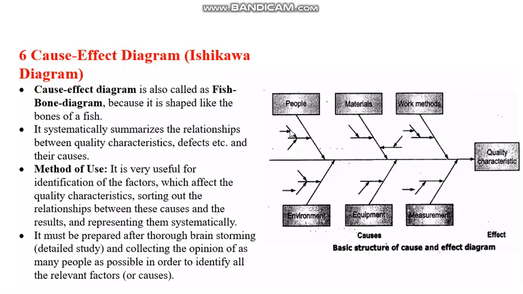Once you want to find a solution for anything, first you have to pinpoint what the problem is. You have to identify the problem. This fishbone diagram does that very well.